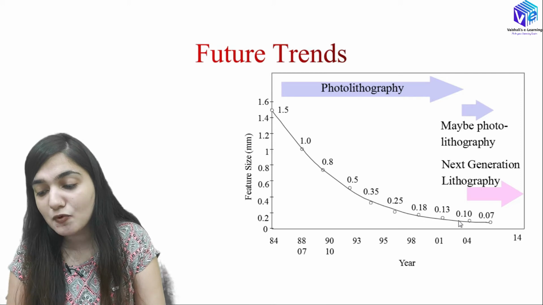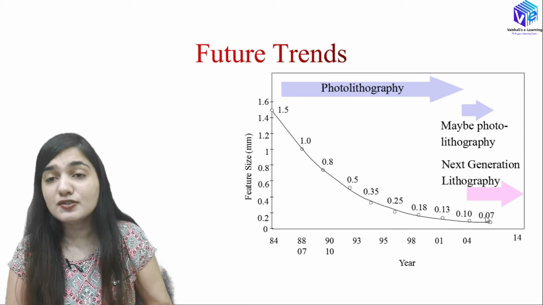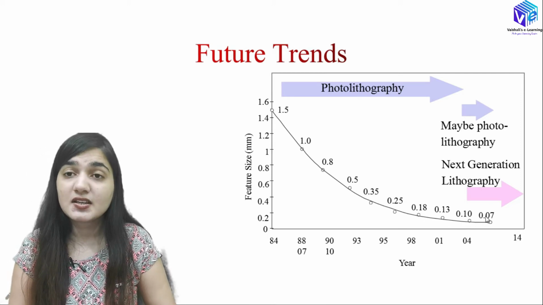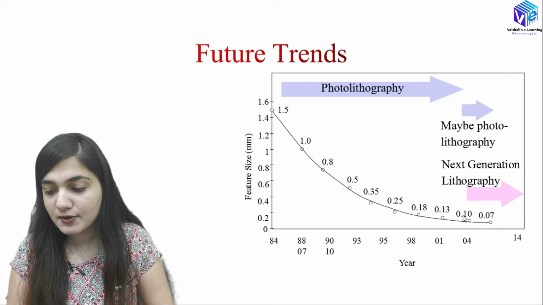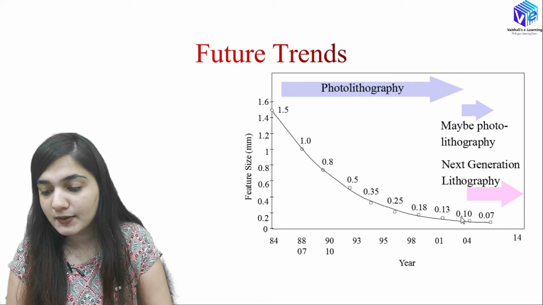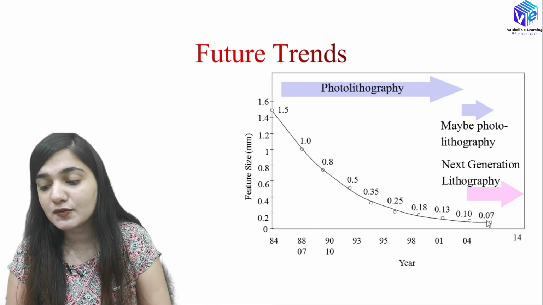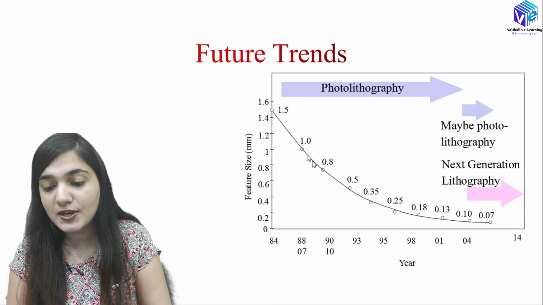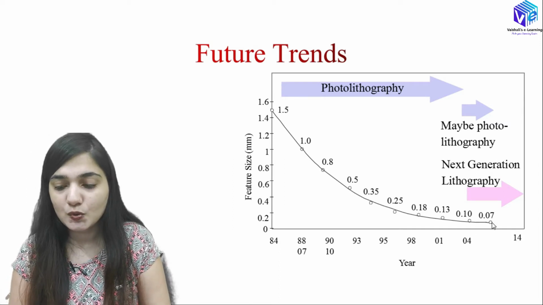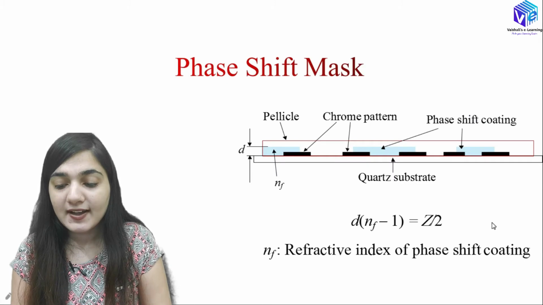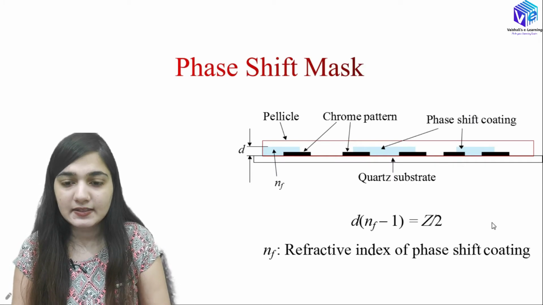It is becoming more and more saturated and it is not decreasing further, and this is the reason we are not able to follow Moore's law. Here you can see from 0.10 it has reached only 0.07. Here it was exponential decay, but now it is almost linear decay. So we require a lot of R&D in this area.